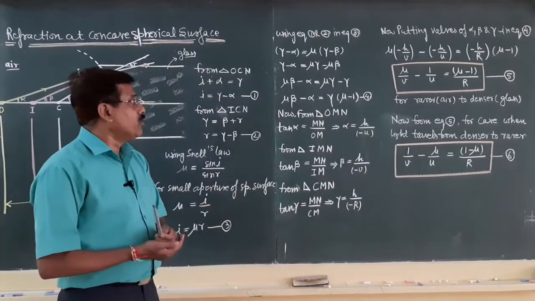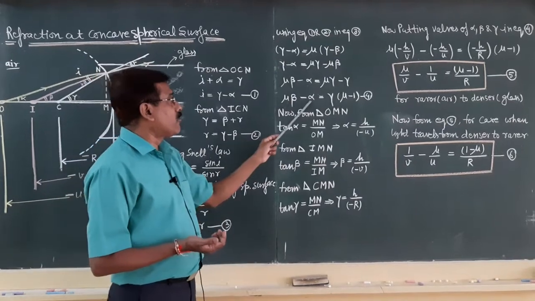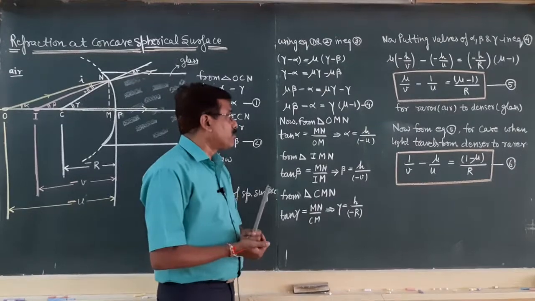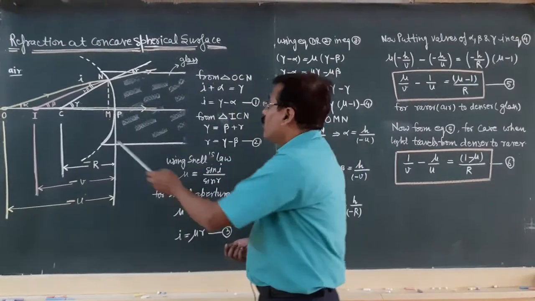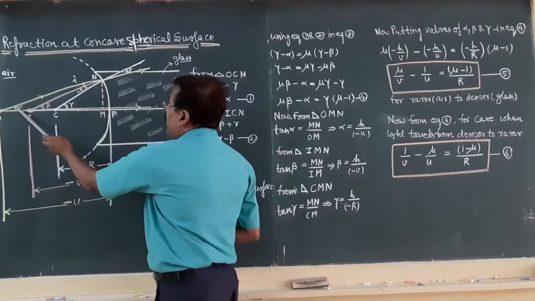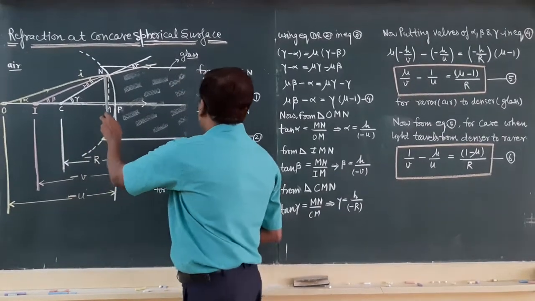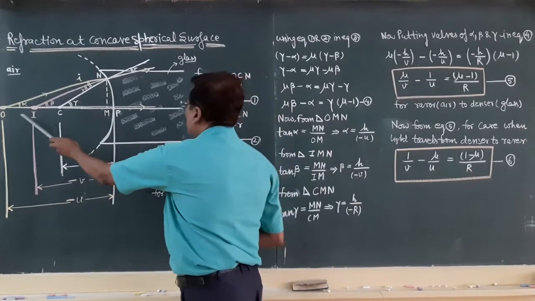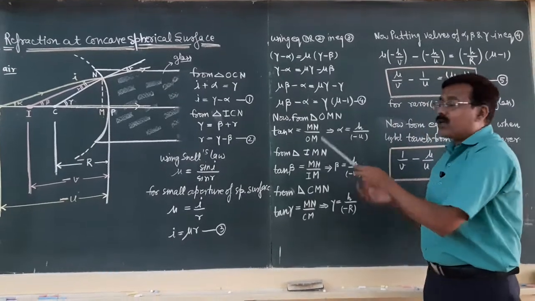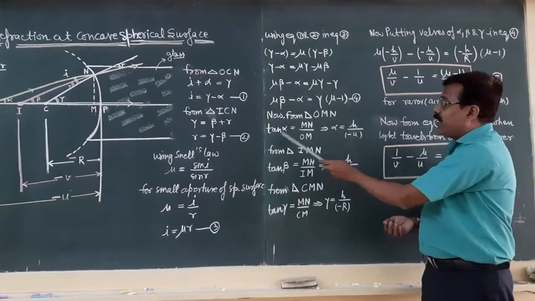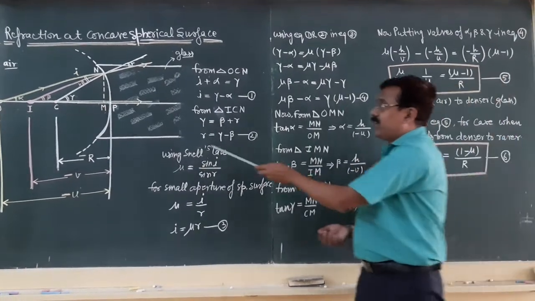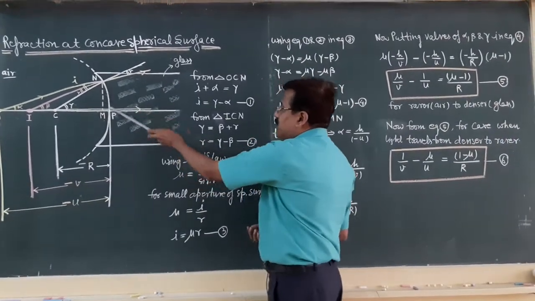Now, what we will do, we will find out the value of alpha, beta and gamma from the same diagram, from the triangle OMN. If you come to triangle OMN, tan alpha is equal to MN upon OM. Because aperture is very small, tan alpha is equal to alpha, and let MN is equal to h. Let this height of perpendicular be small h.